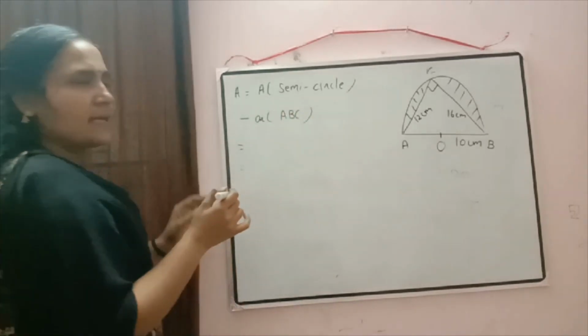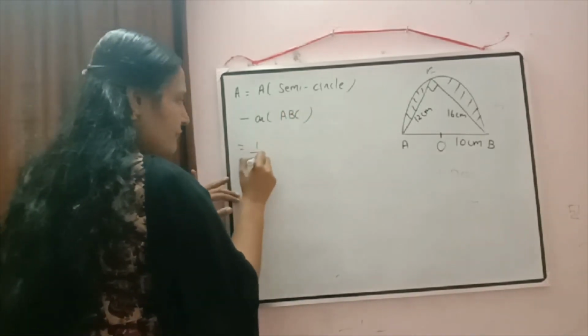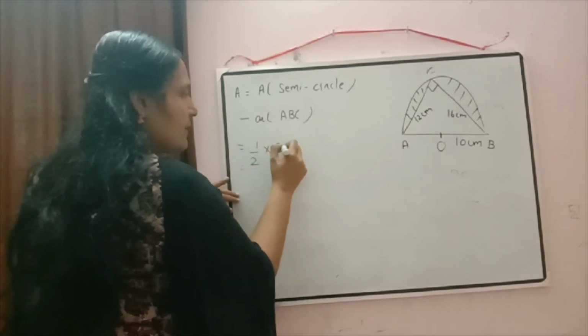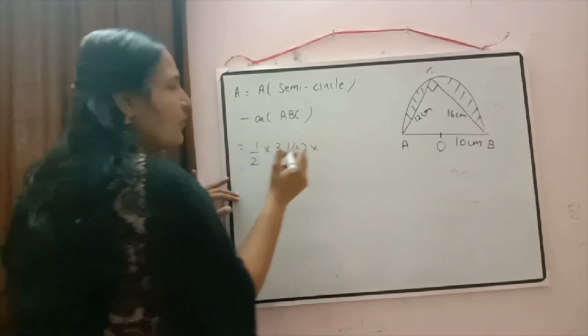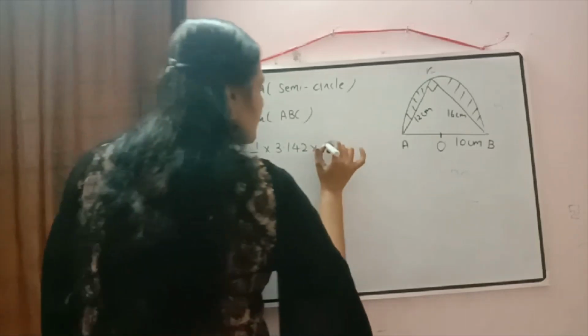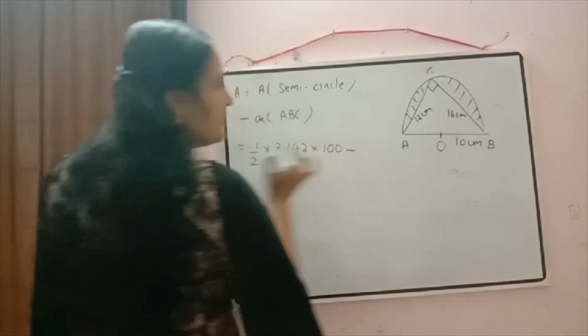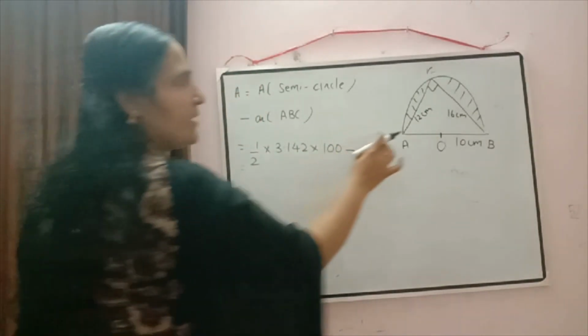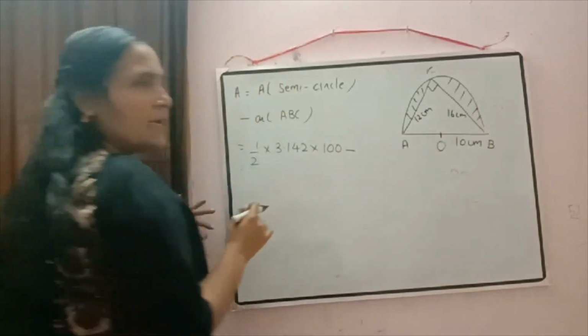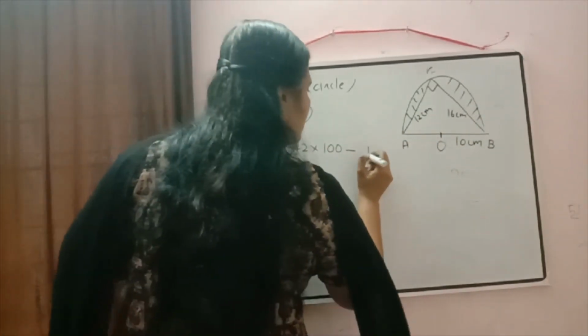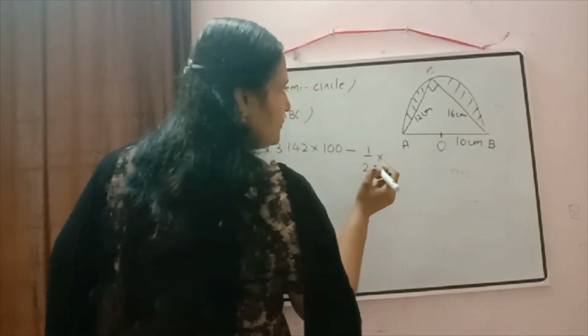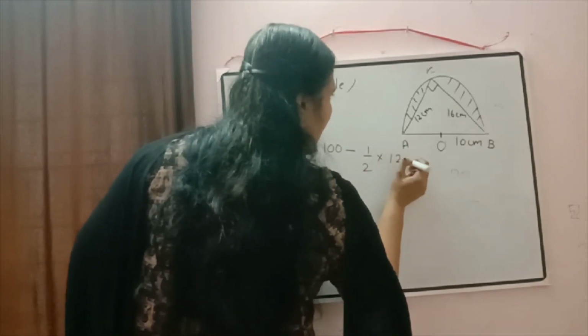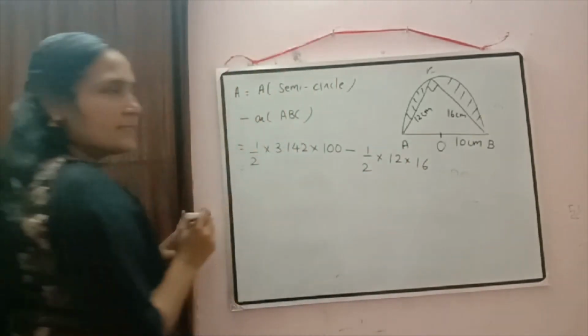The area of a semicircle is half into pi r square. So 3.142 into 10 square, that is 100, minus the area of triangle ABC. It is a right triangle, so we can use the formula half into base into height. So half into 12 into 16.